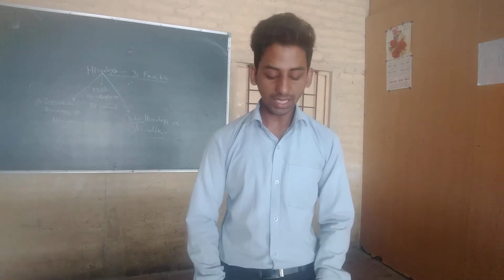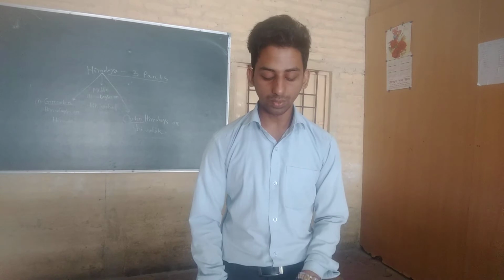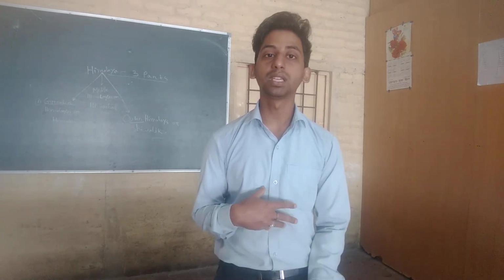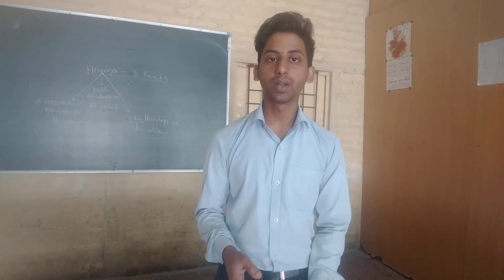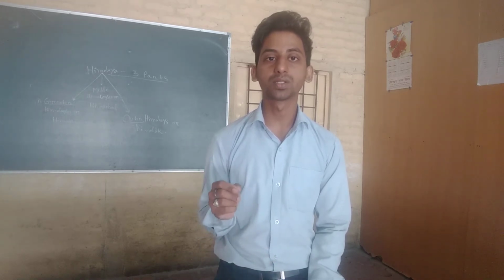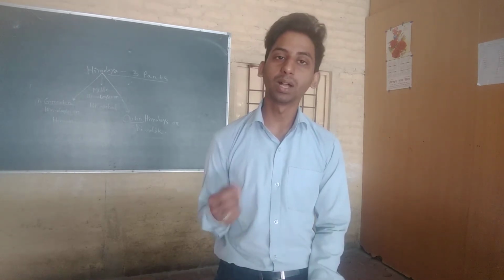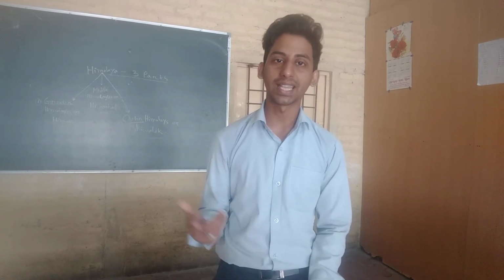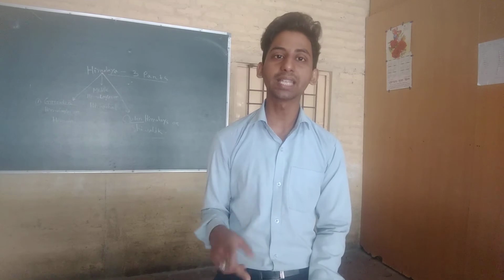So the data which is put into the computer is first converted into 0s and 1s so the computer can understand it. Whatever data we give, suppose you are typing one alphabet, A, B, C, D, whatever you type, the computer understands it as 0s and 1s.